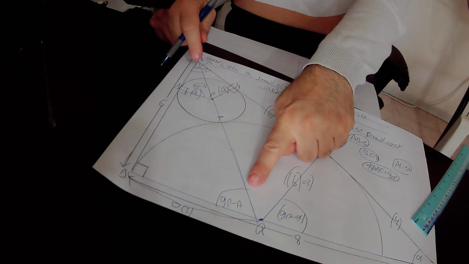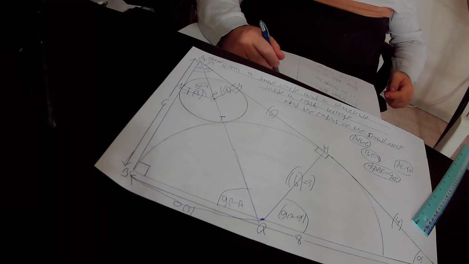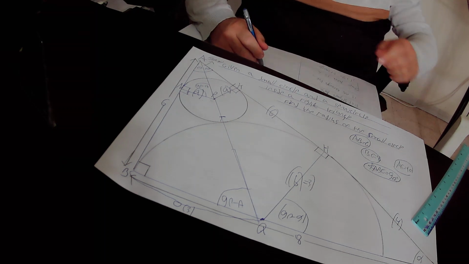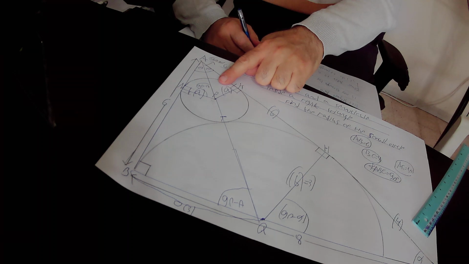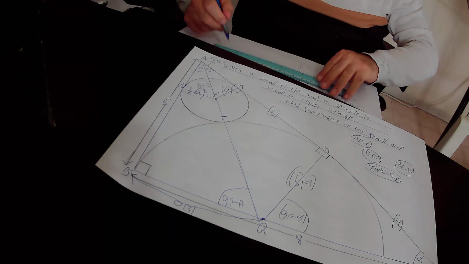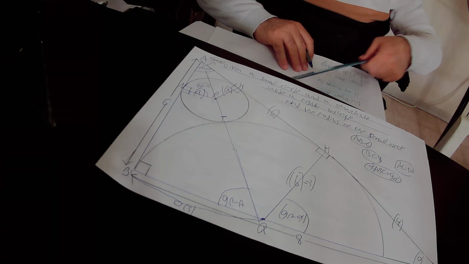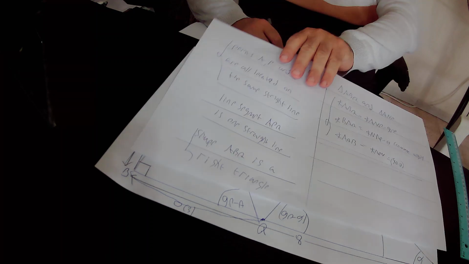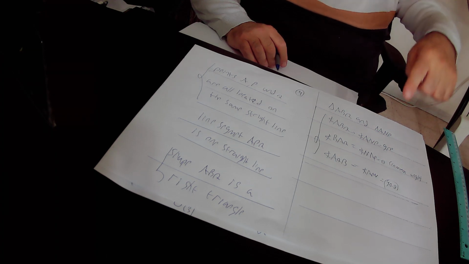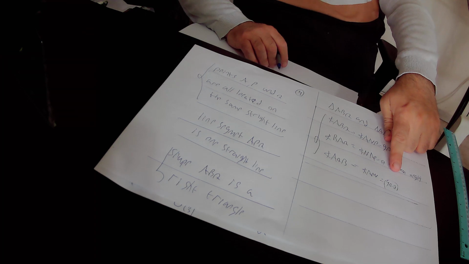This is angle AQB in the big right triangle ABQ, and this equals angle APN in the small right triangle ANP. They are both equal to 90 degrees minus theta, therefore they are equal to each other.